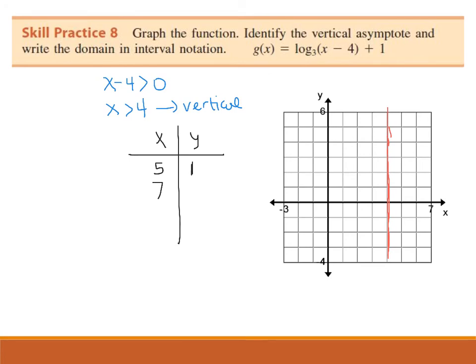When we hit 7, that's log 3 of 3, which is now 2. So we can place these points and kind of get a feel for how this thing works. We're at 5, 1. We're at 7, 2. So our graph looks something like this. Actually, it's probably closer to that. But here's what our graph looks like.